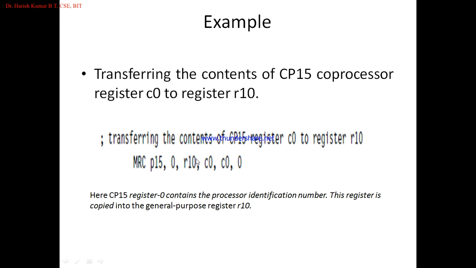This is how you do it. So what happens here is the C0 content of coprocessor CP15 gets copied to the R10 general purpose register of the main core processor. And who is doing that? The coprocessor number 15 is doing it.